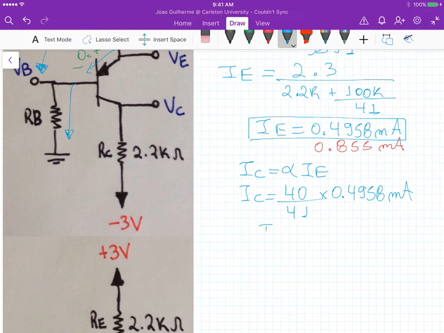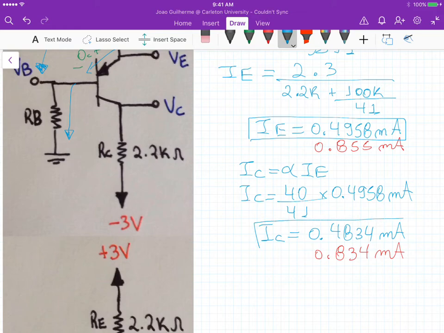And this gives us an IC equal to 0.4834 milliamps. And for us to remember the previous value of IC, it was 0.834 milliamps. So we also decreased the collector current, right?